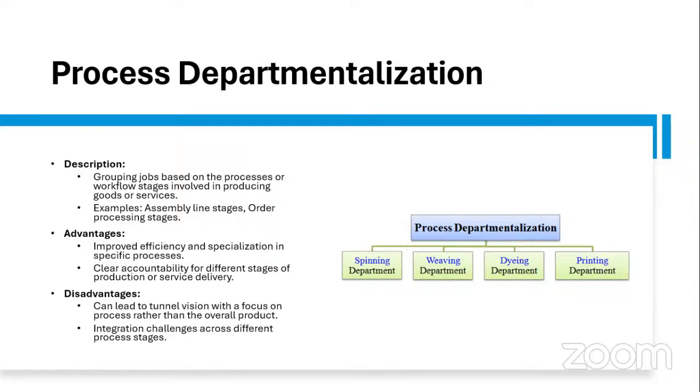An example of this can be seen in assembly line stages, order processing stages, and all of that. Most of these logistics companies, if you use their tracking machine, you'll find that each process is almost handled by an independent vendor.